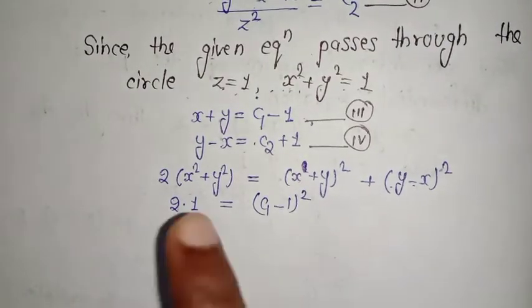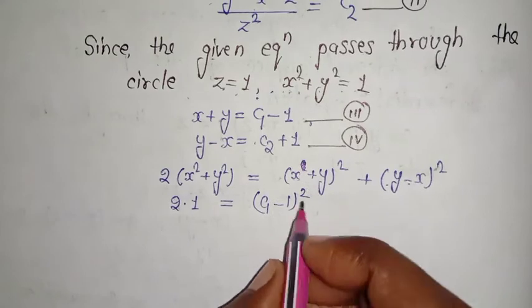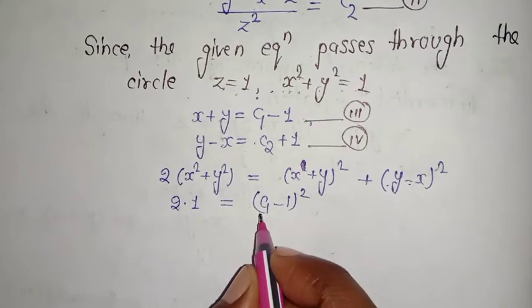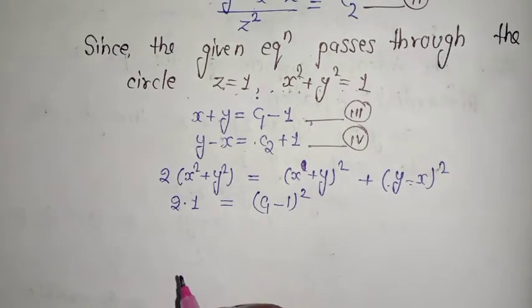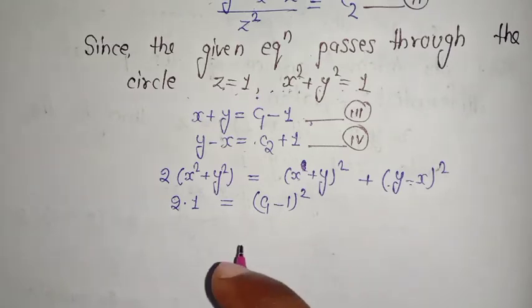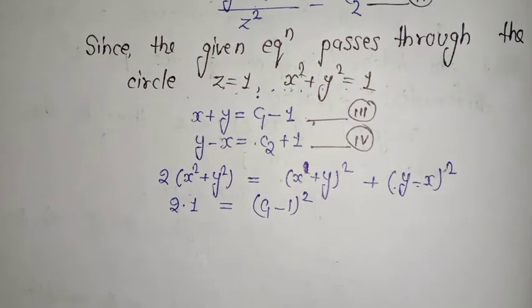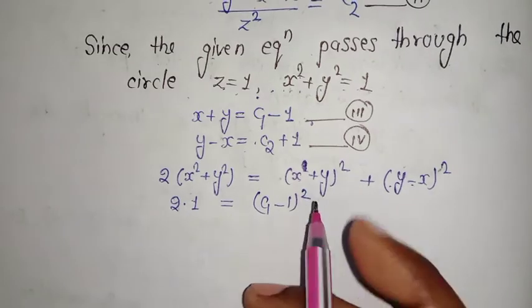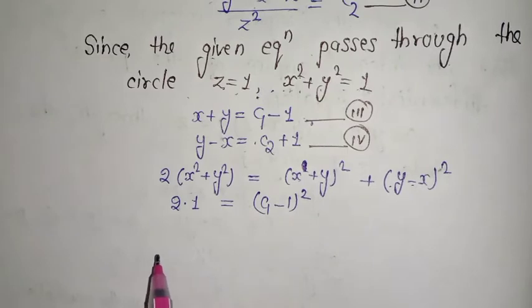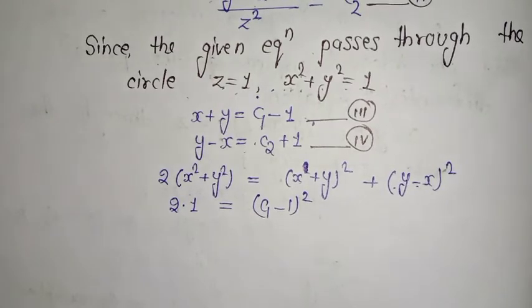Our aim is to find an equation that is only the function of c1 and c2. If we are able to find that type of equation, then we can easily put the value of c1 and c2 from equation 1 and 2, and we can get the required equation of the integral surface. So our aim is just to reduce this equation into the equation of only arbitrary constants c1 and c2.